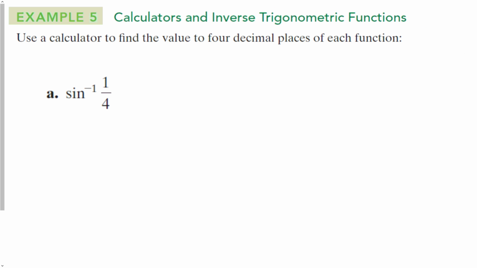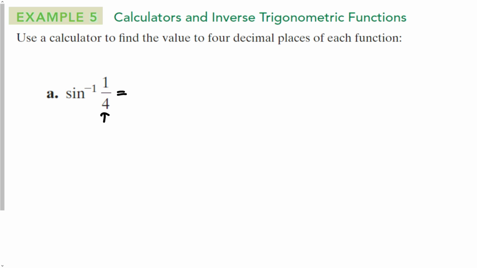So we can use a calculator for some of these. So the key is, when you do these, just make sure you know what mode your calculator is in. Okay, so this is an output.